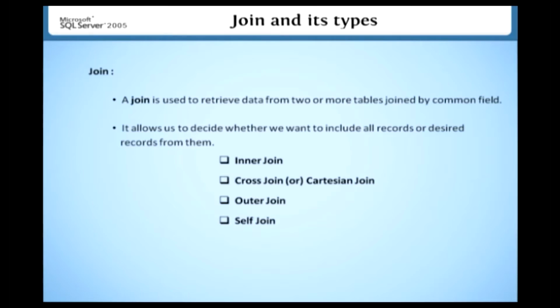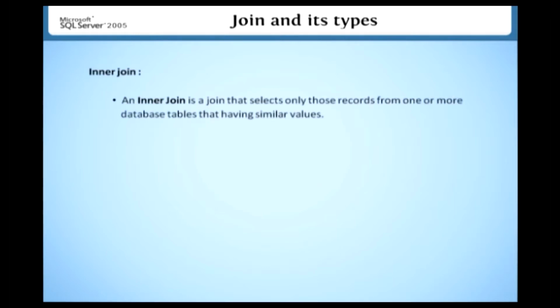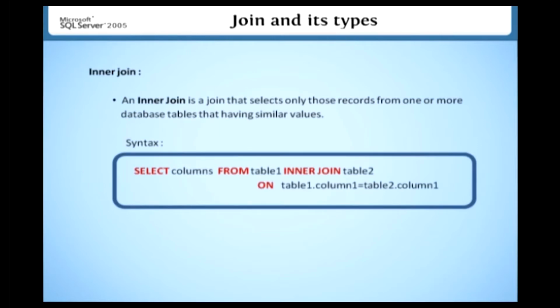Let's see what an inner join is. An inner join is a join that selects only those records from one or more database tables that have similar values. Now let's see the basic syntax to perform an inner join. Select columns from Table1 inner join Table2 on Table1.column1 equals Table2.column1.